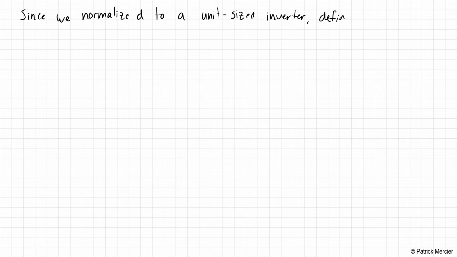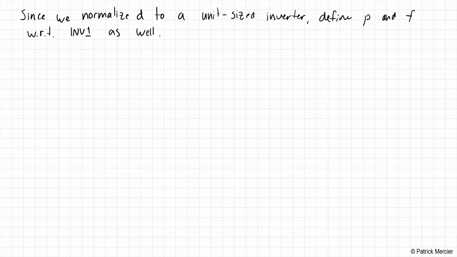Let's write down some more notes. Since we normalize D to a unit sized inverter, let's define P and F, our parasitic and effort delay, with respect to a unit size inverter, in this case abbreviated as INV1, as well.